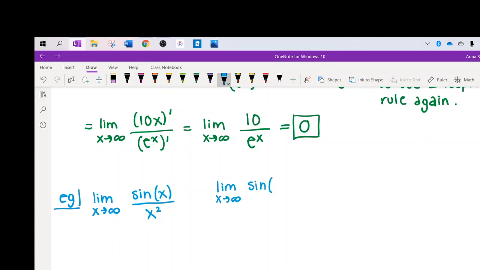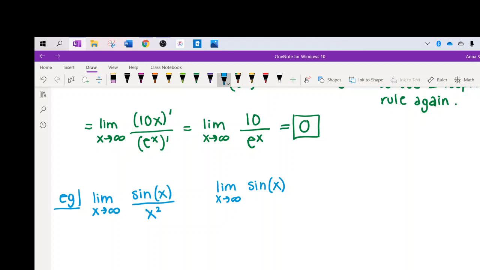So how do I know that this is not a L'Hopital's question? Well, the limit as x approaches infinity of sine of x, what is that? Well, let's think about what the graph of sine of x looks like. Sine of x goes back and forth, right? It looks like this. And it keeps doing that forever and ever and ever. And so the limit as x approaches infinity of sine of x does not exist, because when we're talking about limits at infinity, we're looking for the graph to either go up and up and up, or down and down and down, or for it to kind of flatten out to a particular level.